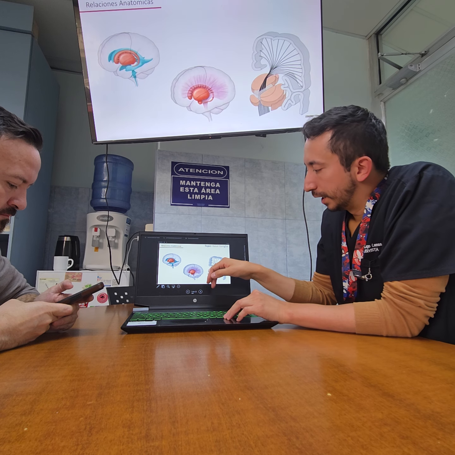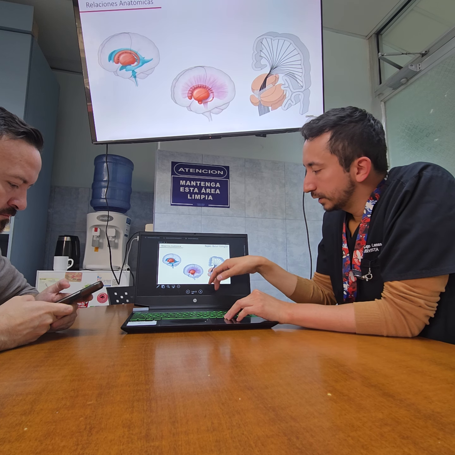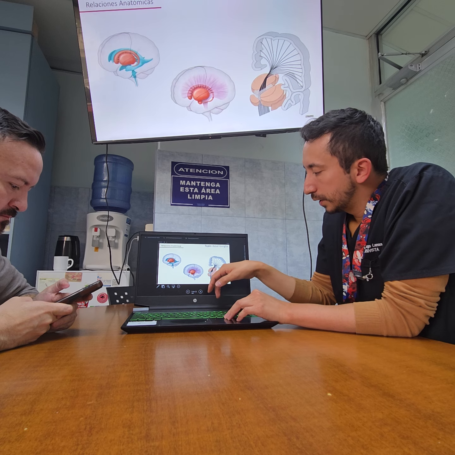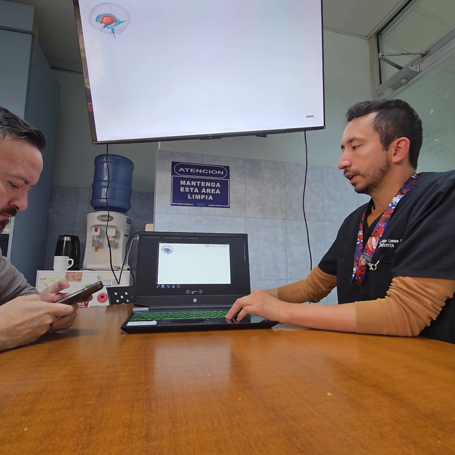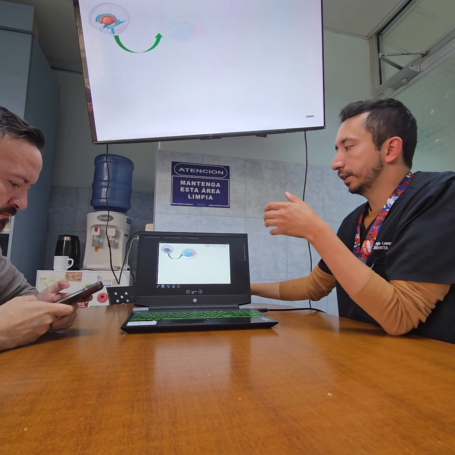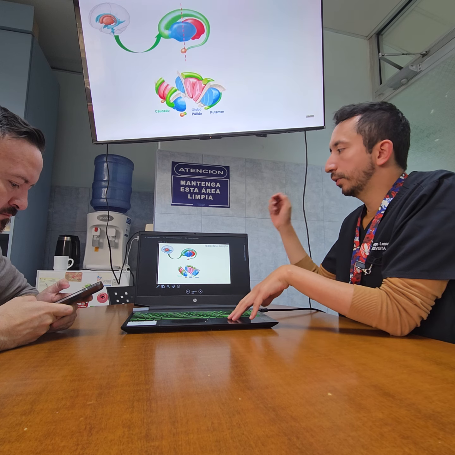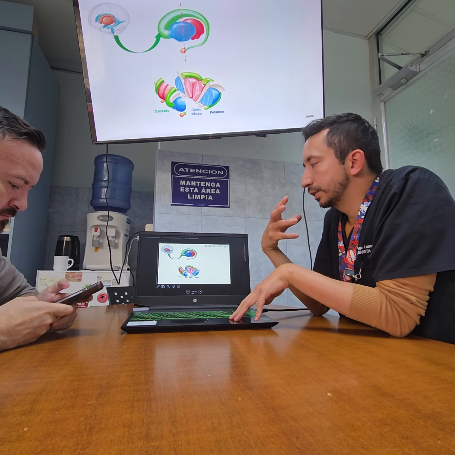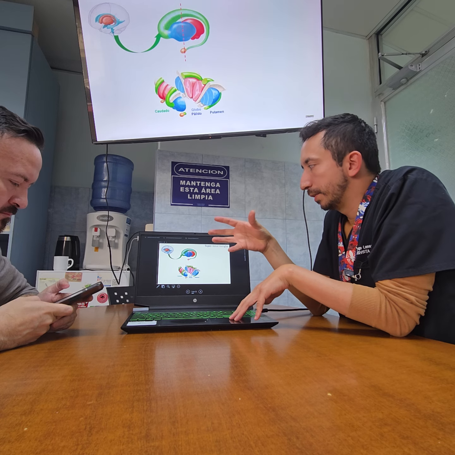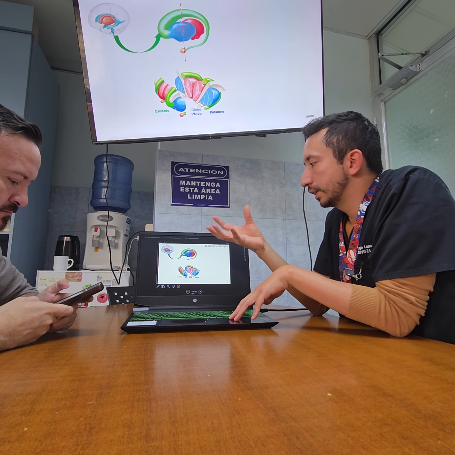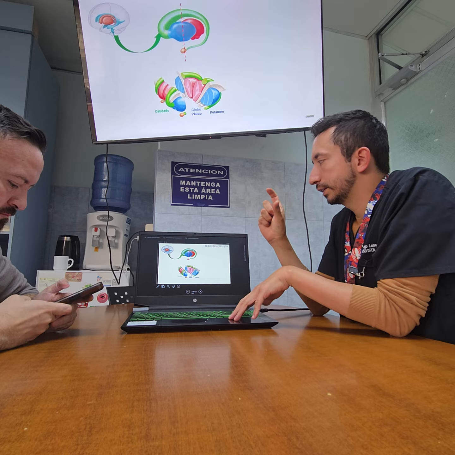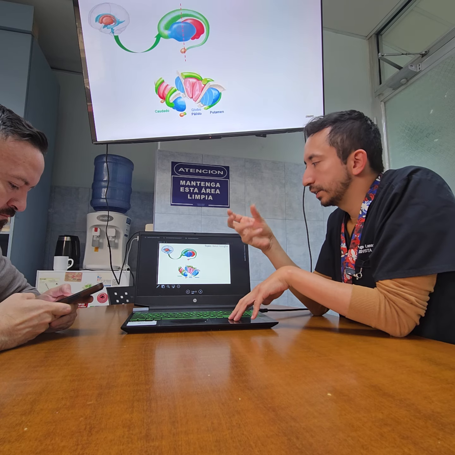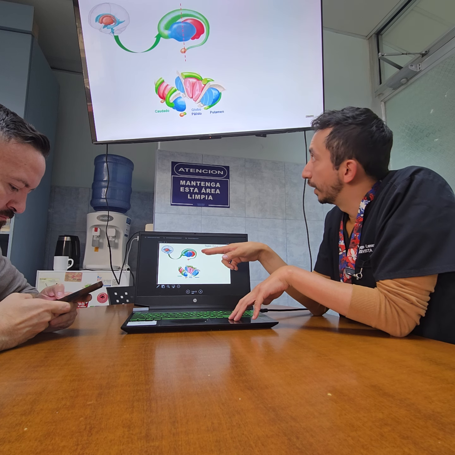This is the pyramidal tract, this is the cortex, this is the thalamus, these are the basal ganglia. Here we can observe the same structures shown in the previous image, but in a coronal section, which allows us to better understand the anatomical relationships.